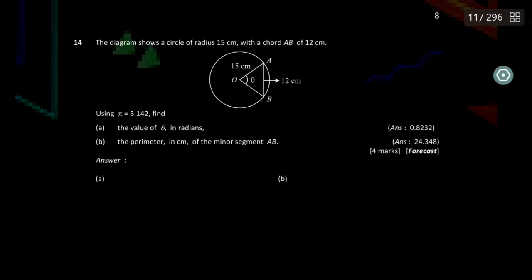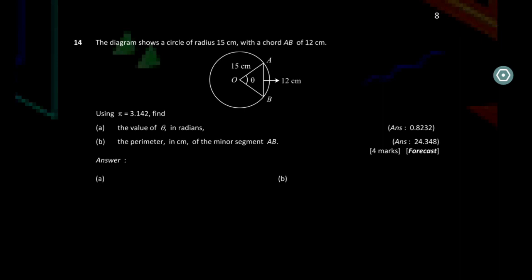The diagram shows a circle with radius 15 centimeter with chord AB is 12. Chord, not the arc, the chord is 12. Using pi equals to 3.142, find the value of theta in radian.